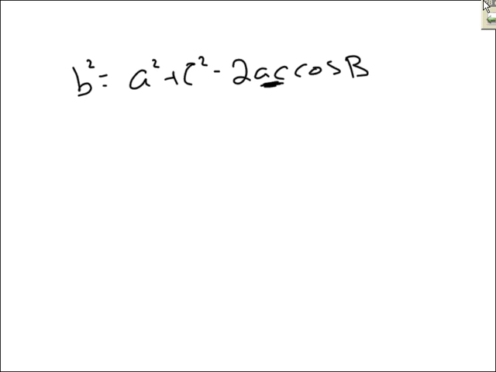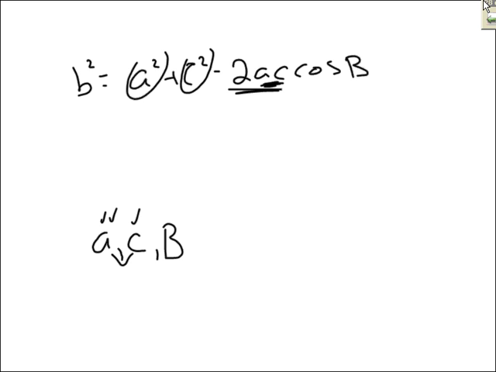Let's look at that again. If you have b squared is equal to a squared plus c squared minus 2ac cosine of not A or C, but B. Well, if you know A and C and the angle in between, big B, well then you can compute A squared, you can compute C squared because you know A and C, you can compute 2 times AC, and you can compute cosine of B. That is, you have the whole right-hand side.